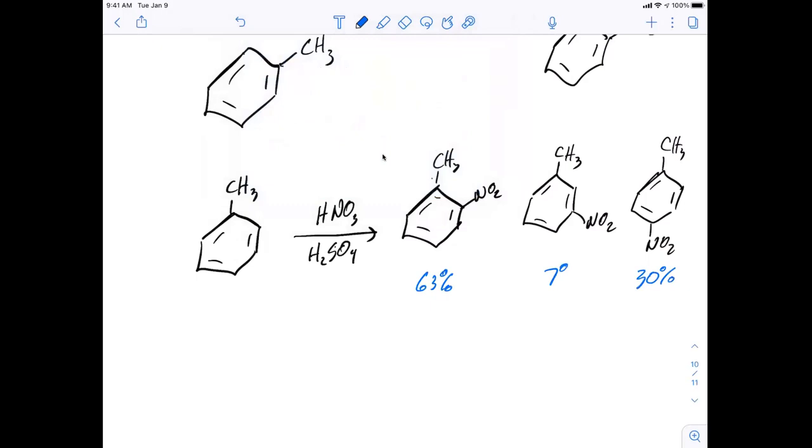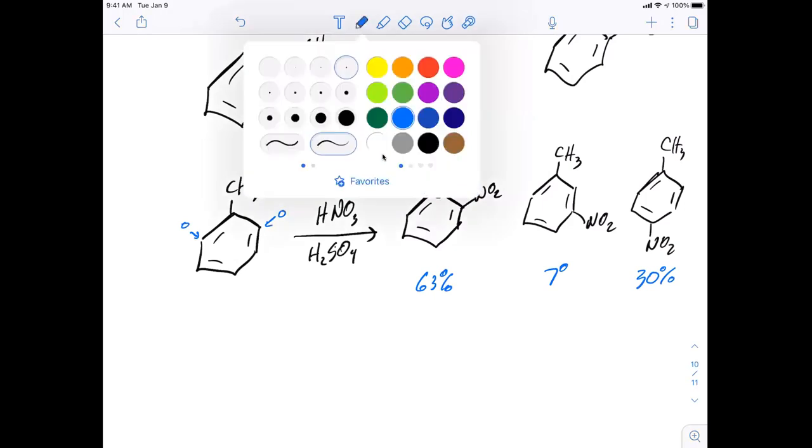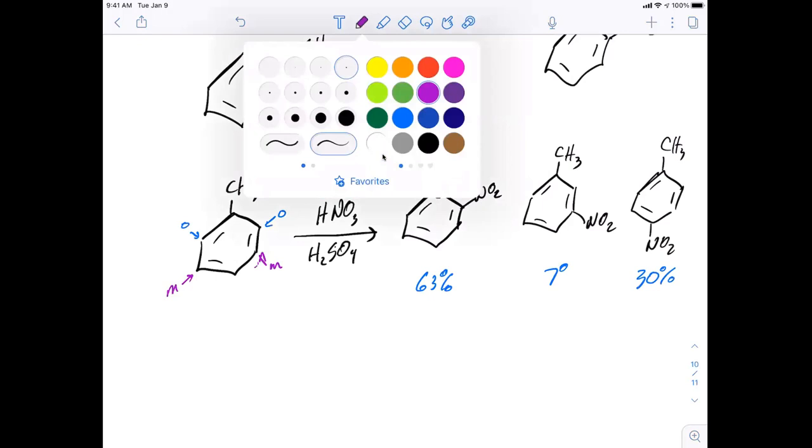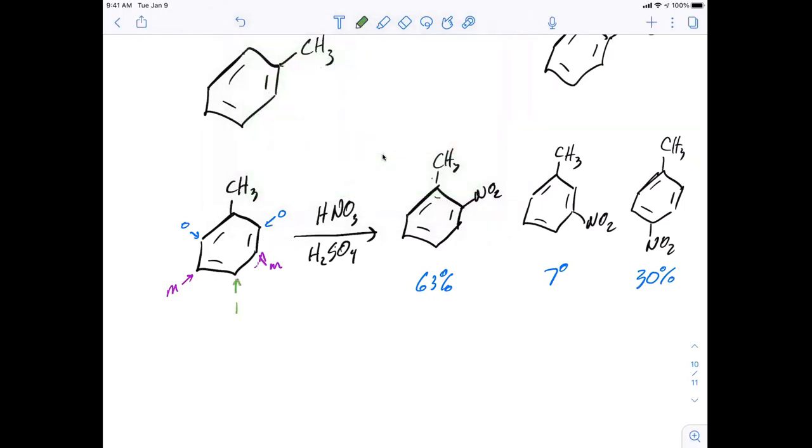Now there's a little bit of statistics in this as well. How many ortho positions do I have? I have 2 ortho positions, right? I have 2 meta positions. And how many para positions do I have? 1.